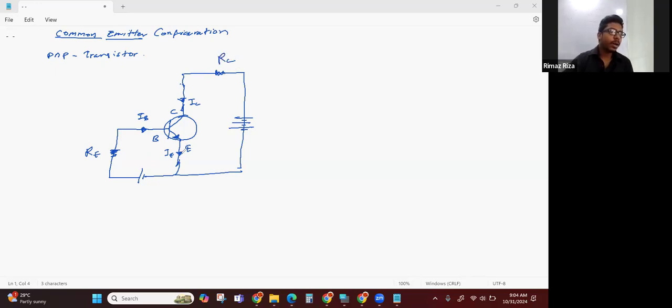Okay. So here E is the common, so therefore IE is the common current. So IB should be the current through the input, IC should be the current through the output. Okay. So this is the circuit. That's all.